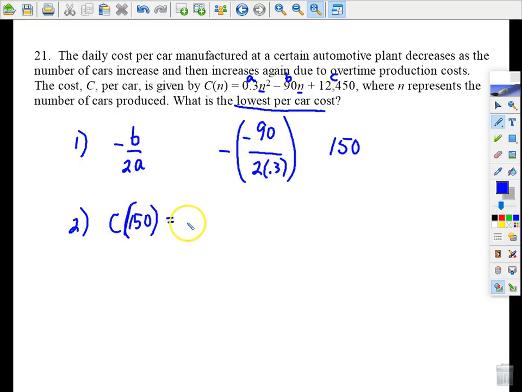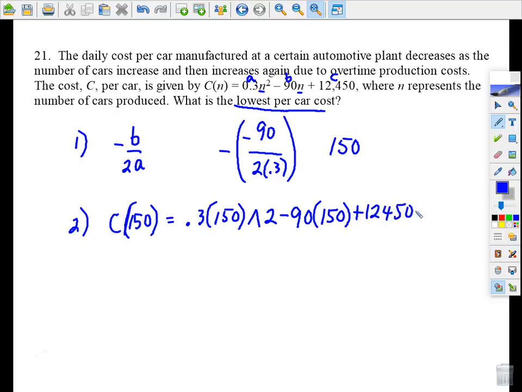Let's put this in our calculator, and I'll show it just like your calculator would show it. 0.3 times 150 raised to the second power minus 90 times 150 plus 12,450.